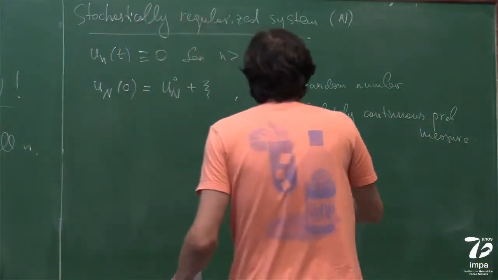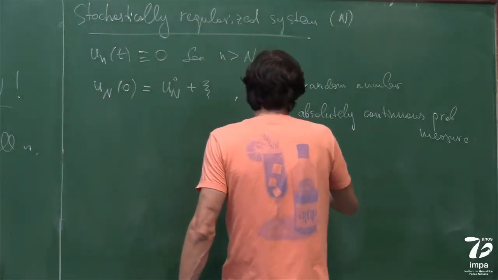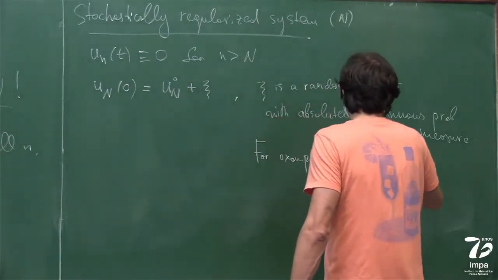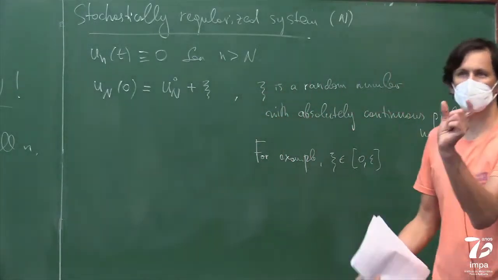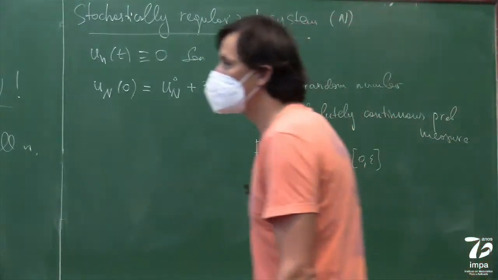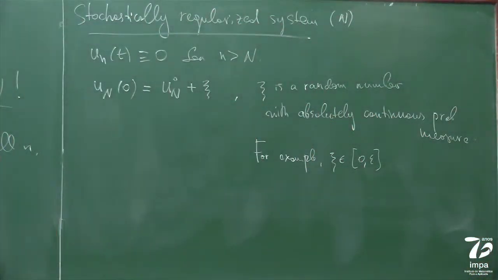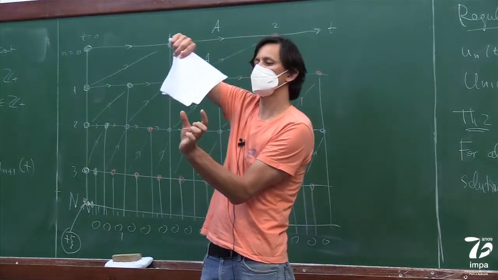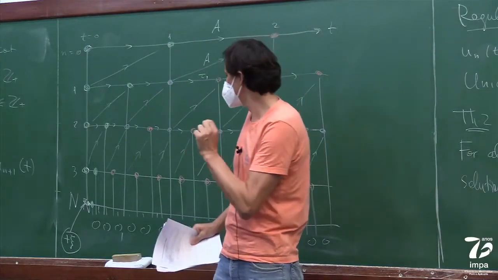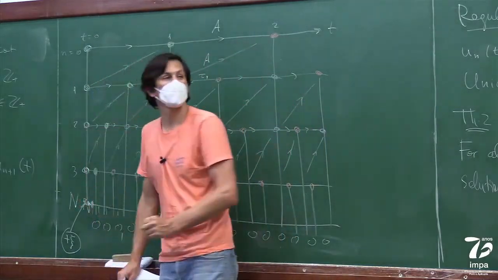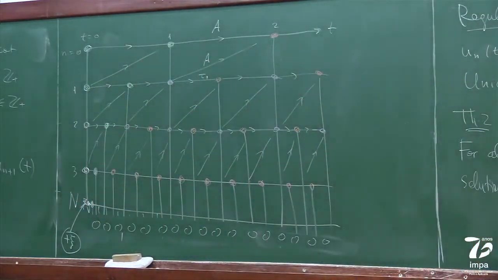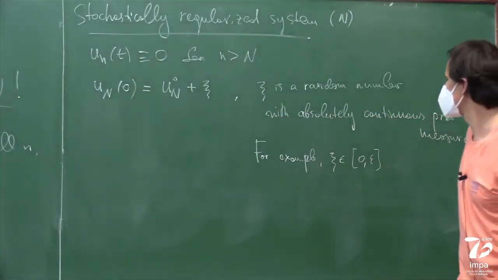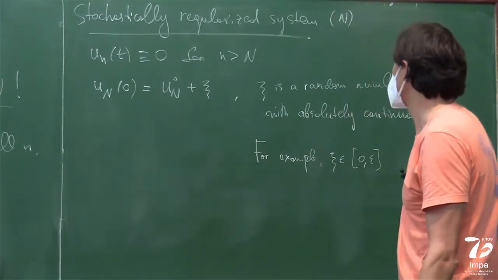So for example, C is uniformly distributed in some interval between 0 and epsilon. And we will see that epsilon doesn't matter. So we give a number which is whatever you want, for example distributed between 0 and epsilon. So some small uncertainty. And we will see that apart from this condition, nothing is important. So it's okay.